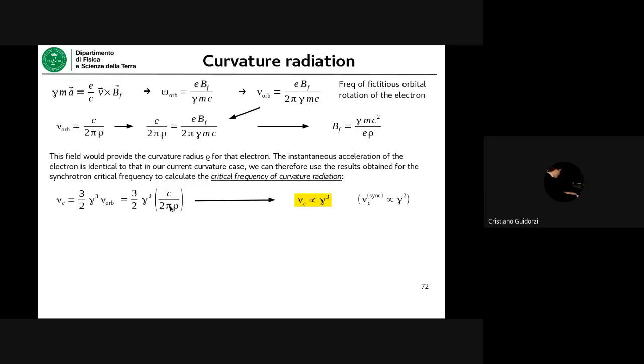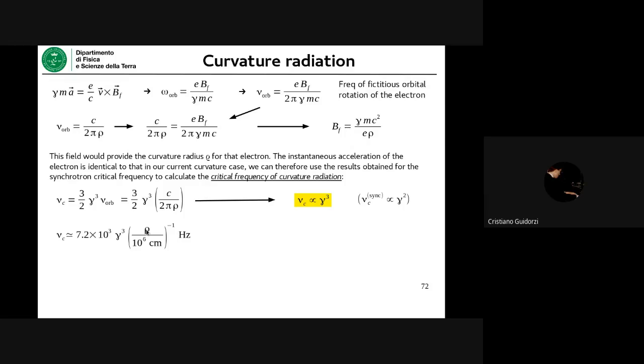In this case, rho, the curvature radius, has nothing to do with the particle. All the particles have the same curvature radius, regardless of their Lorentz factor. So that's why you end up with a different dependence. And if you replace the values, here I just want to show you an example of the typical orders of magnitude for the curvature radius when you think of a neutron star.